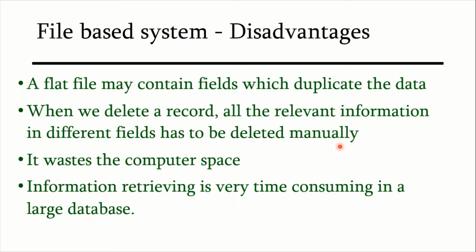If you want to delete a particular row, you need to delete each and every field manually. It also wastes computer space, since the fields are sometimes duplicated. Then, if it is a large database, retrieving information, meaning getting the data from the flat file, is very difficult when the data becomes very large. These are the disadvantages of the file based system.